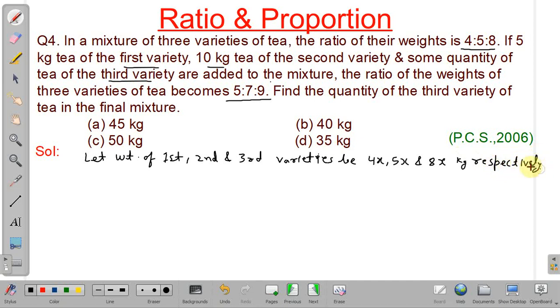Now in this, 5 kg of first variety and 10 kg of second variety is added, and in the final mixture, the ratio of first and second will be 5:7. Therefore, (4x plus 5) kg divided by (5x plus 10) kg will be equal to 5/7.